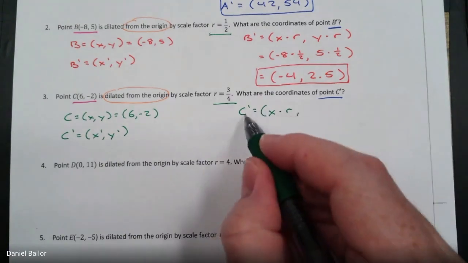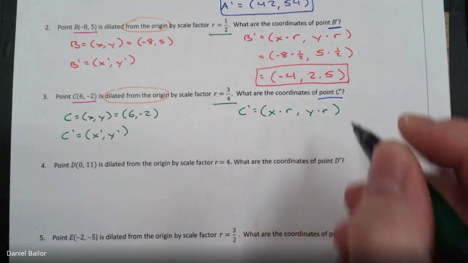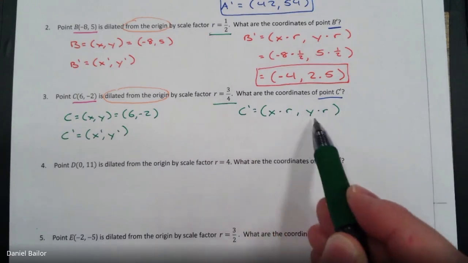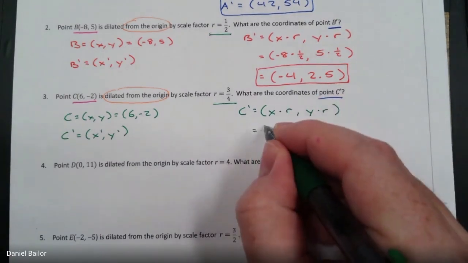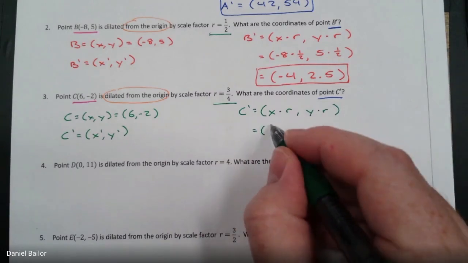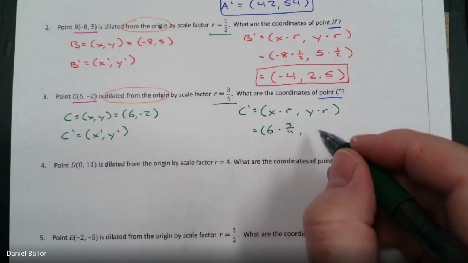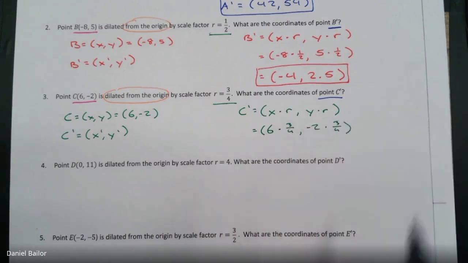All dilations are the original times the scale factor. So we do the original times the scale factor for x, and for y, and we put in what we know. We know x was 6, r was 3/4, y was negative 2, r is 3/4. Now it is multiplying, and so you will have to use your multiplication skills on this one.